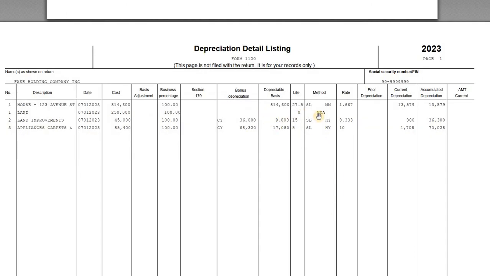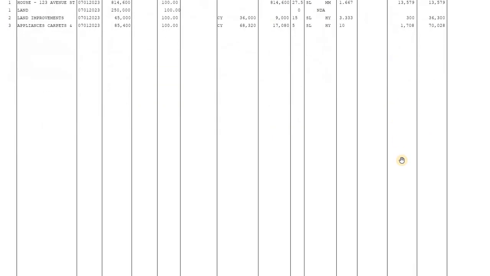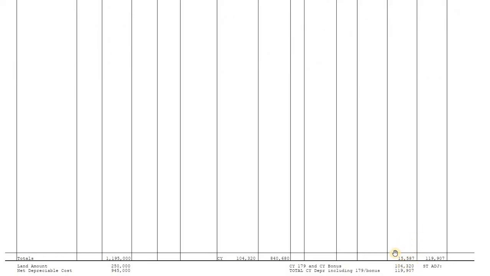So the current depreciation on the depreciable base is going to be $13,579, $300, $1,708. We've got a combination of straight line depreciation for the year, $15,587. Current year bonus is going to be $104,320 for a total available depreciation of $119,907.